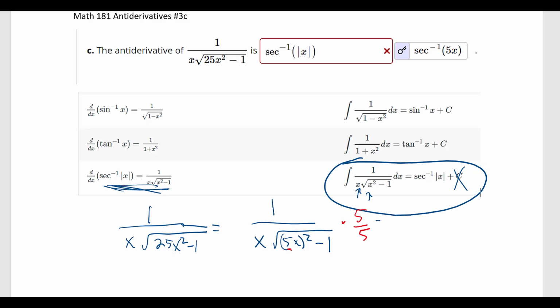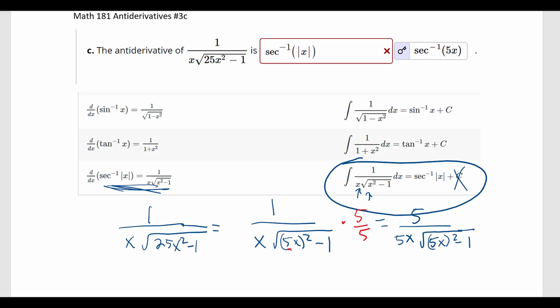That's going to give us 5 over 5x times the square root of 5x quantity squared minus 1. So those 5's would just divide out, but now we fit the formula.